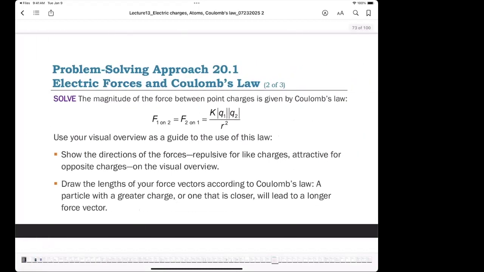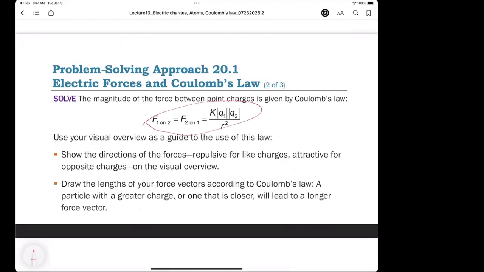Then solve using Coulomb's law, the magnitude of the force between point charges given by this equation. Use your visual overview as a guide to the use of this law. Show the direction of the forces, repulsive for like charges, attractive for opposite charges, on the visual overview. And then draw the lengths of your force vectors according to Coulomb's law.